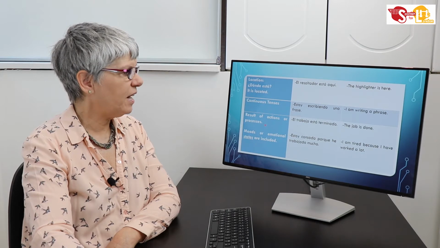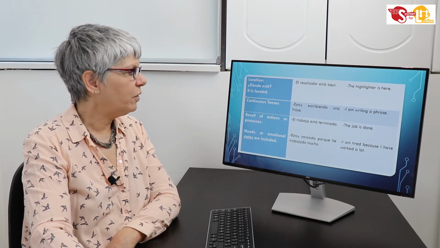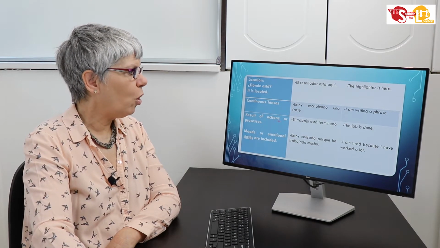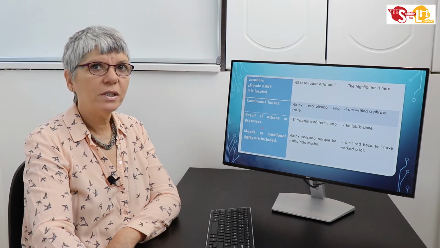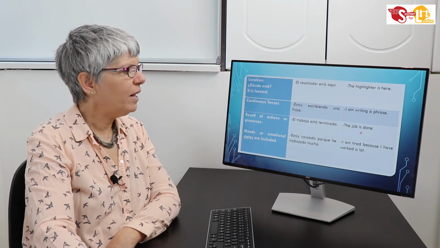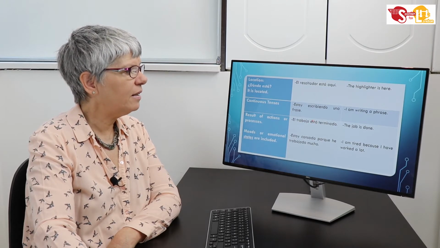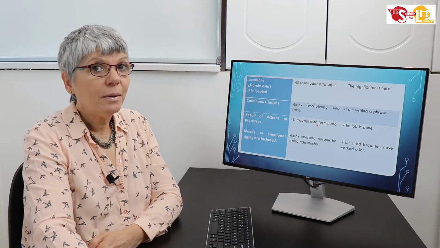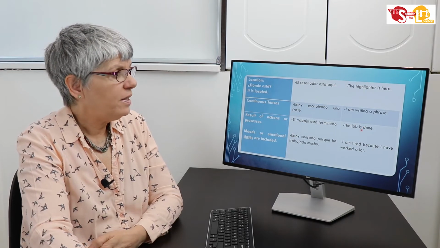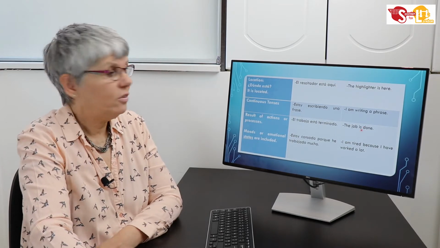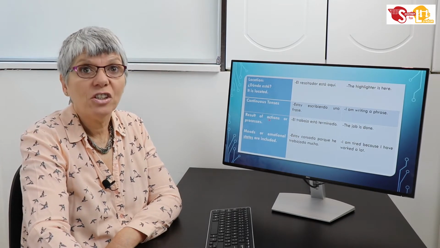And the third scenario, use estar for a result of an action or a result of a process. For example, when I say, okay, the job is done, el trabajo está terminado. So the job is done because somebody did it. So it's the result of an action.